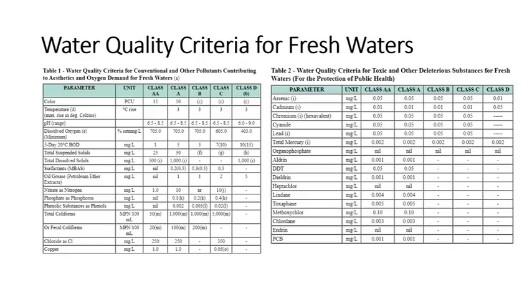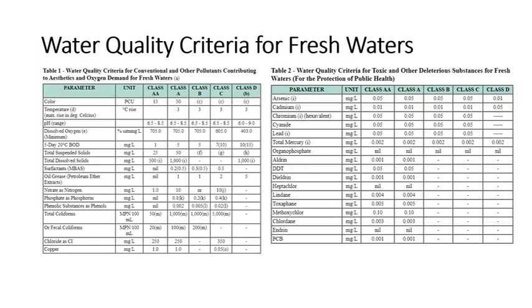Now, these are the criteria for freshwaters. So the table on your left is the criteria for conventional pollutants, and the second table is the criteria for toxic substances. All right, so I won't be discussing that in detail.